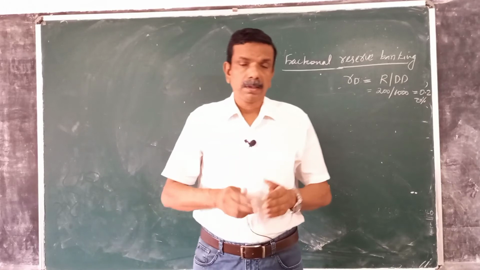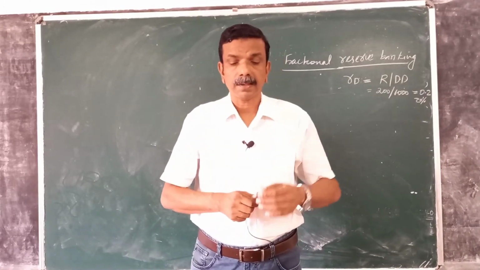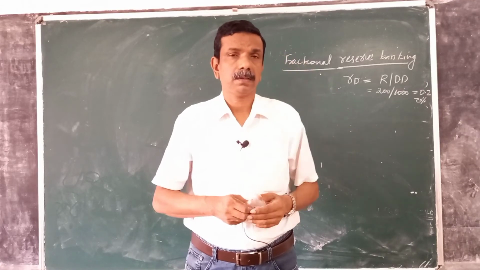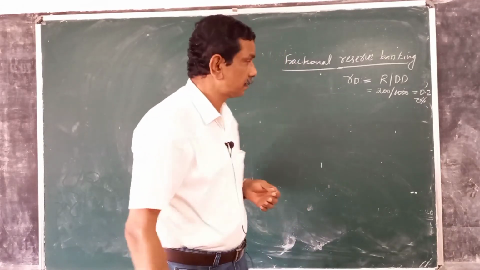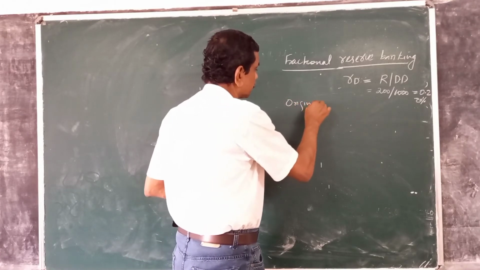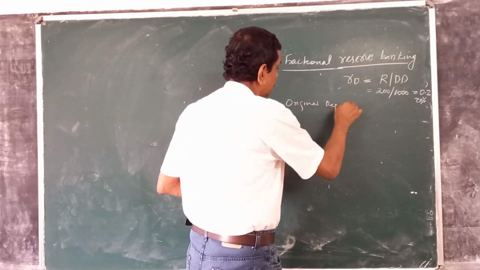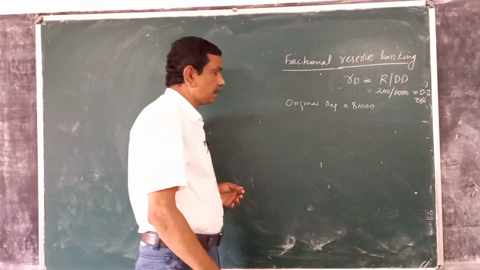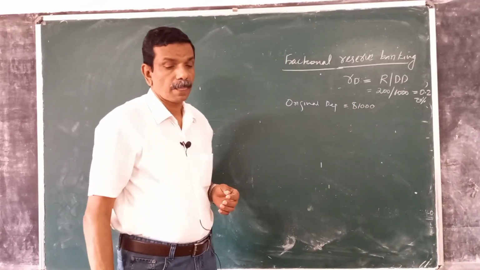Then the amount of money that the banking system as a whole creates can be written as original deposits equal to $1,000. Original deposit with the first bank.